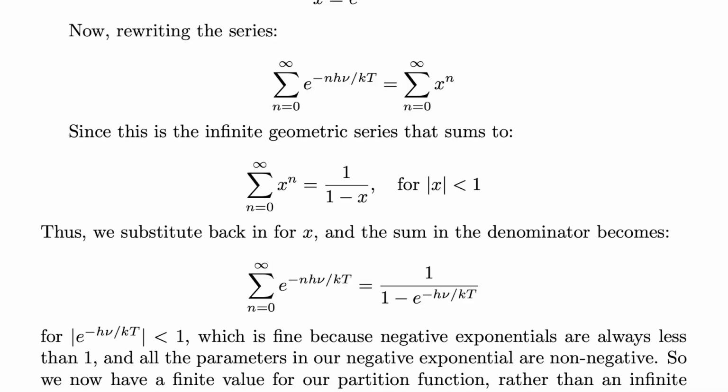So is this satisfied? Well, we have a negative exponent, and h is a constant that's non-negative. A frequency, negative frequencies aren't a thing, right? So frequency is positive. Boltzmann's constant is positive, and temperature is positive. Now, I know I have a video where I talk about negative absolute temperature, but it's an extremely rare case.